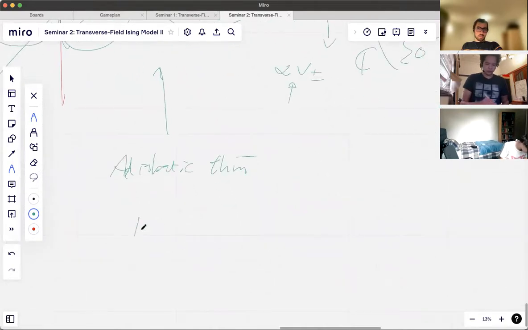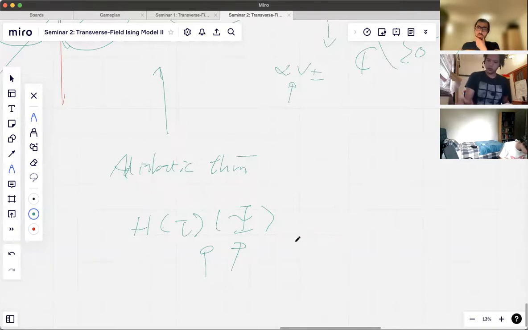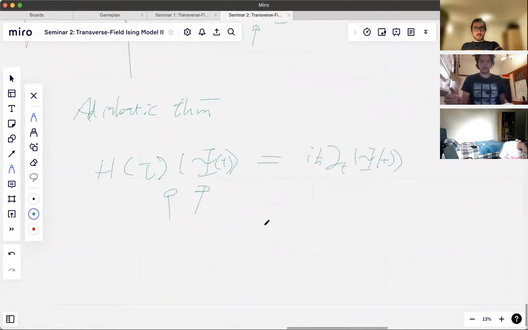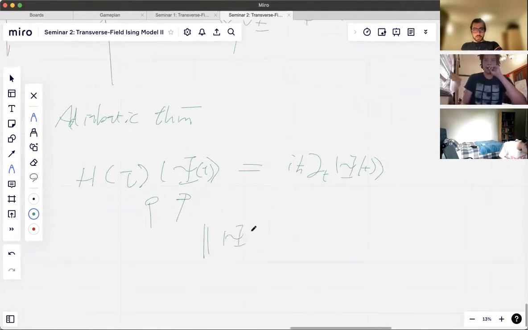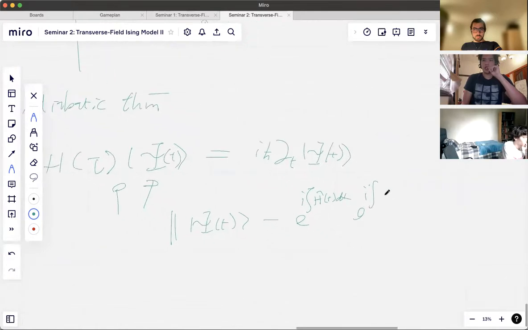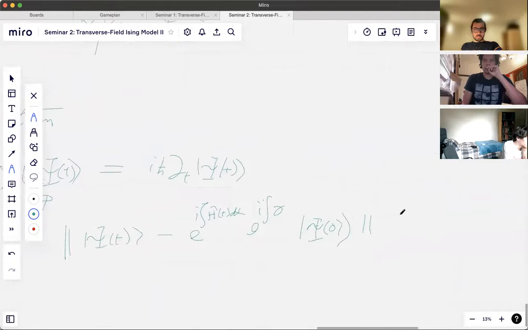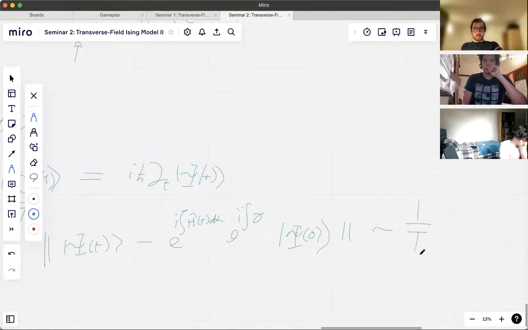Which is to say that if you have a slowly varying time-dependent Hamiltonian, following the Schrodinger equation, the adiabatic theorem says that the difference between the true state and the naively time evolved state goes like 1 over the time.